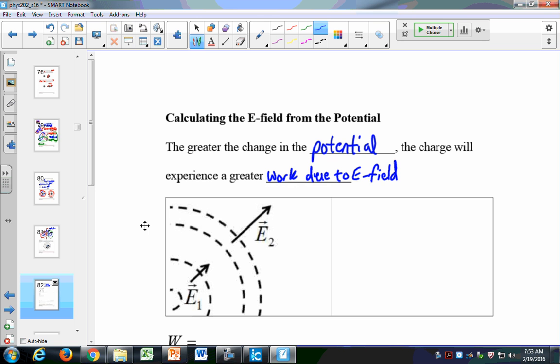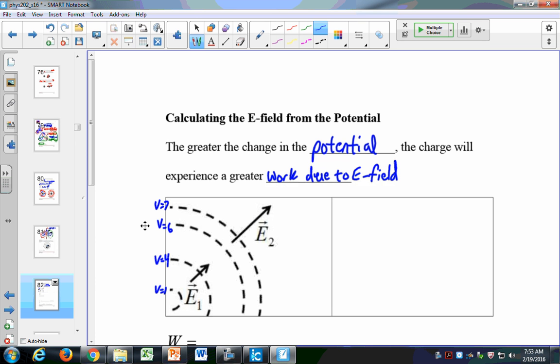So our change in potential is related to the electric field. If I have a greater change in potential, then that means that I'll have a bigger electric field at that point. So for example here, again, imagine that this is a topographical map. Let's say that this is V equals 1, V equals 4, this is V equals 6, and this is V equals 7.